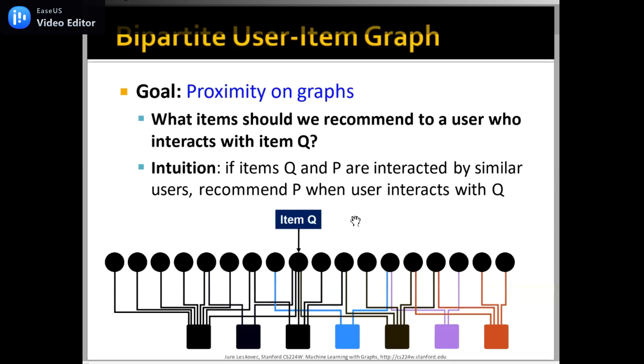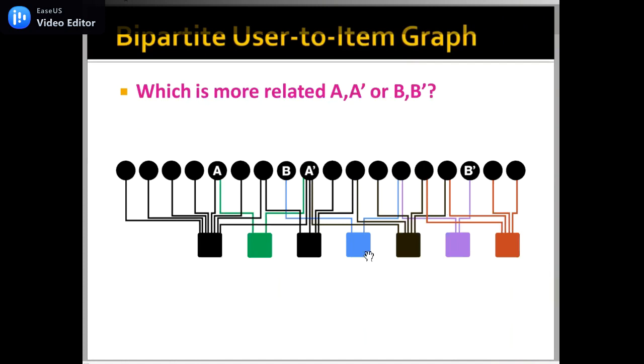One intuition, the same as in collaborative filtering algorithms, is that if items Q and P are interacted with by similar users, then we should also recommend P, because the users who interact with Q also interact with P. If this user hasn't interacted with P, then P will be a very good candidate to recommend. It's still the same logic as collaborative filtering.